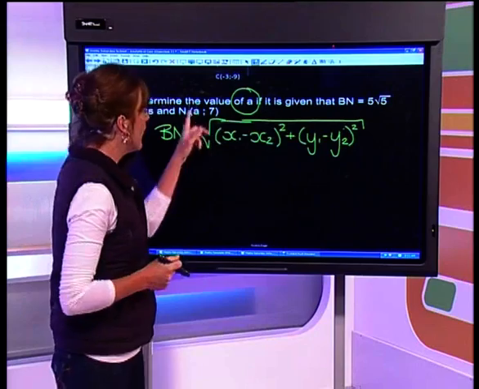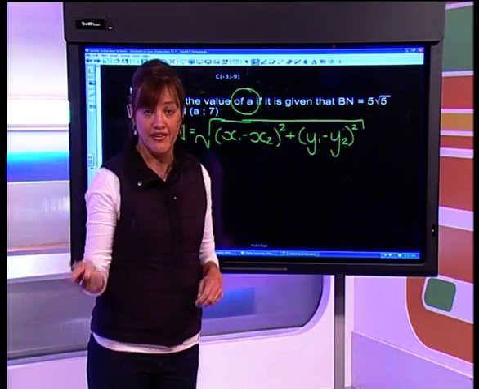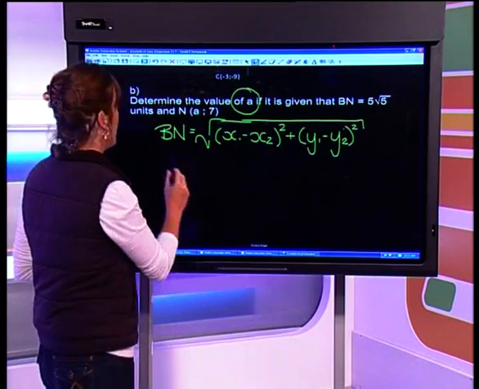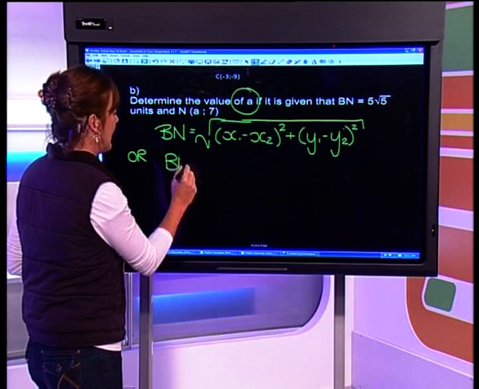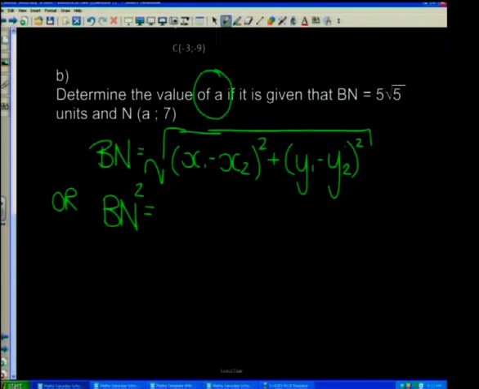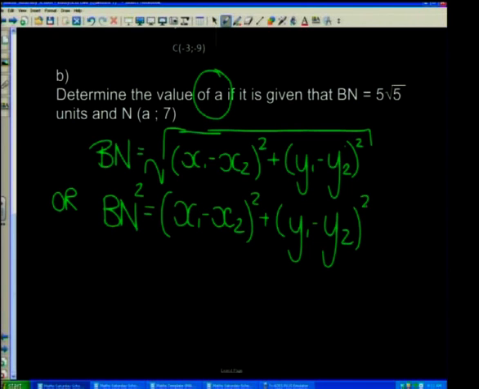Alternatively, if you don't want the big square root on the right-hand side, the other way we can write it is BN squared is equal to, now putting a squared on that side basically eliminates the square root on the other side. So therefore what we would be sitting with is just x1 minus x2 squared plus y1 minus y2 squared.